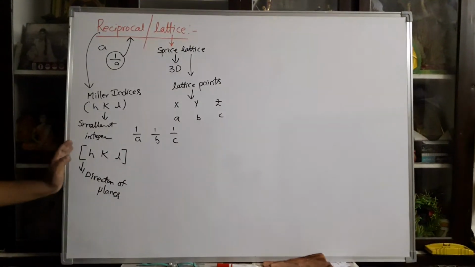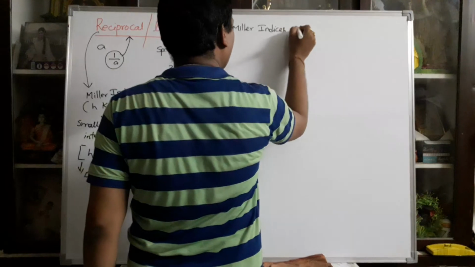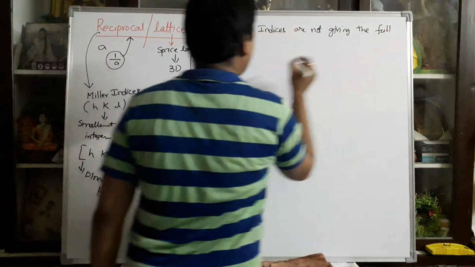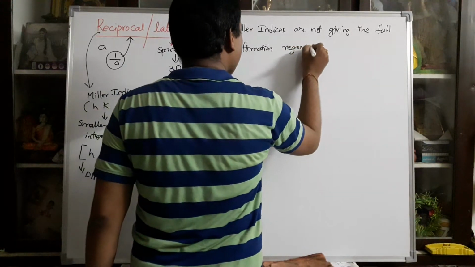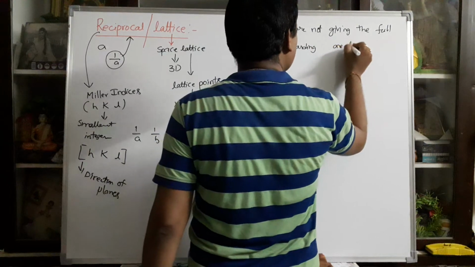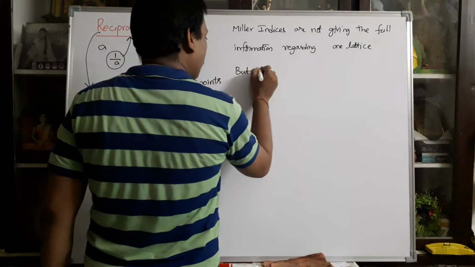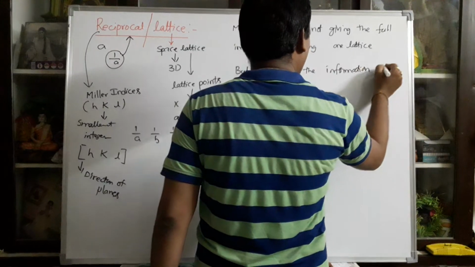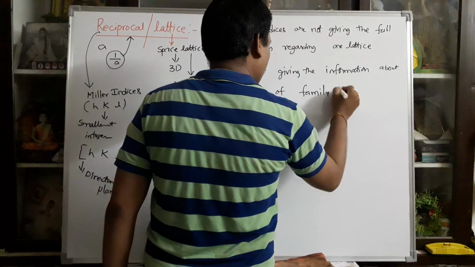Here, Miller indices do not give the full information regarding one particular lattice plane, but they give information about a set or family of lattice planes.